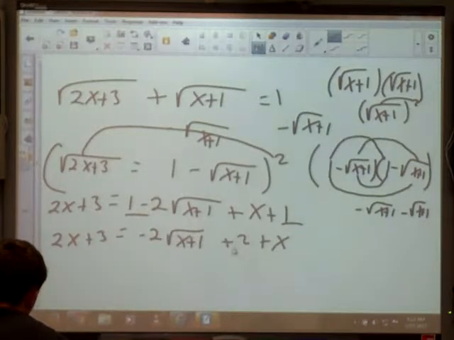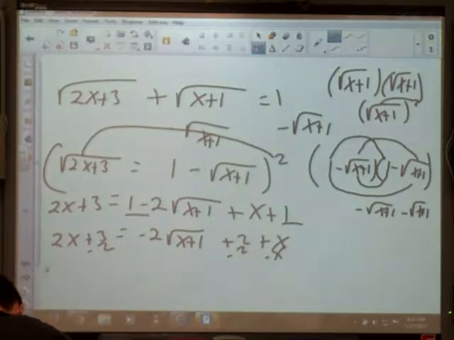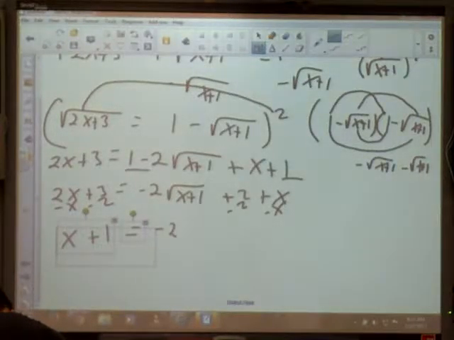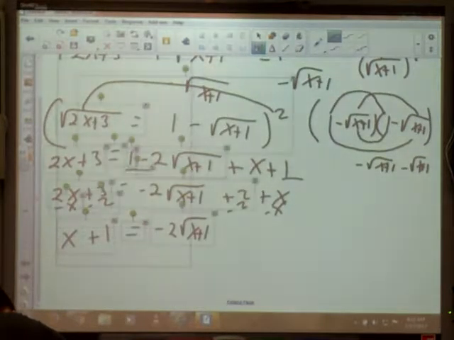I would subtract a 2 from itself and its buddy. I would subtract an x from itself and its buddy. So that's going to give me x plus 1 is equal to negative 2 square root of x plus 1.